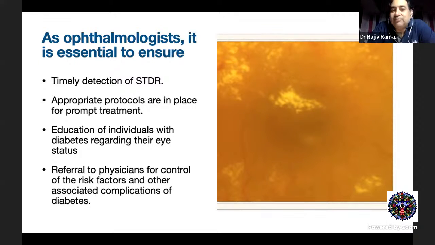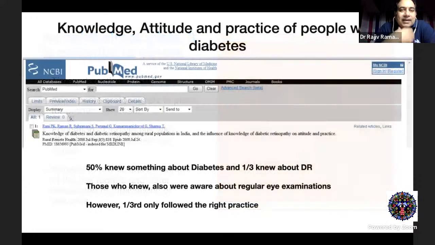So you should have protocols in place for prompt treatment. Equally important is awareness, which I'll share in the next few slides. That's a big thing, that people are not aware about the eye condition. And then we also need to refer to the physician for control of the risk factors and associated complications of diabetes. So that's the reason screening is important.